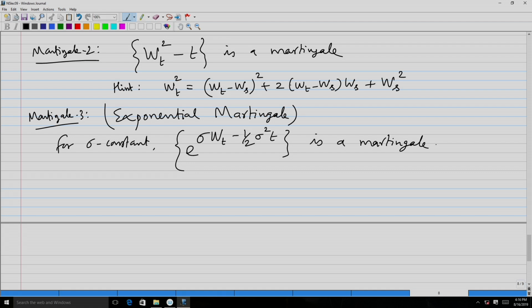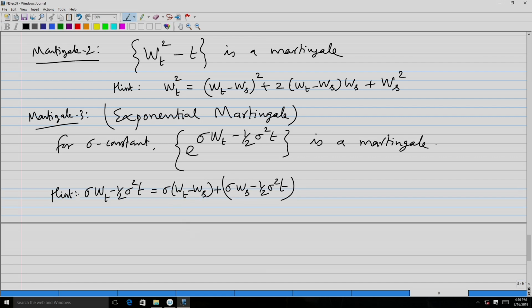Again, the hint for proving it is in 2 steps. One is this sigma Wt minus half sigma squared t. Again, you can write it as sigma of Wt minus Ws plus sigma Ws minus half sigma squared t as another term.